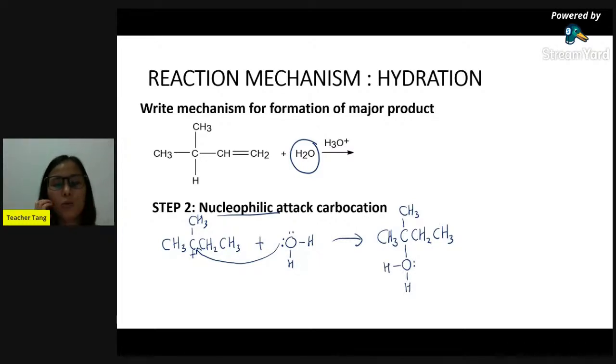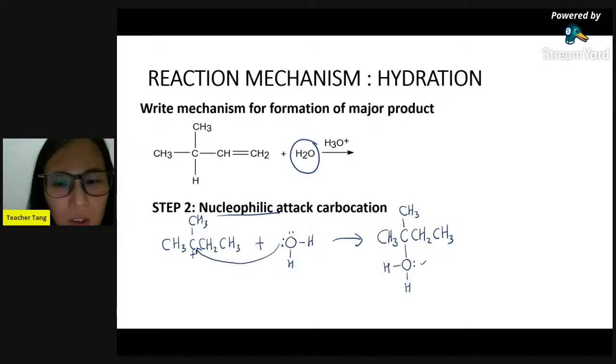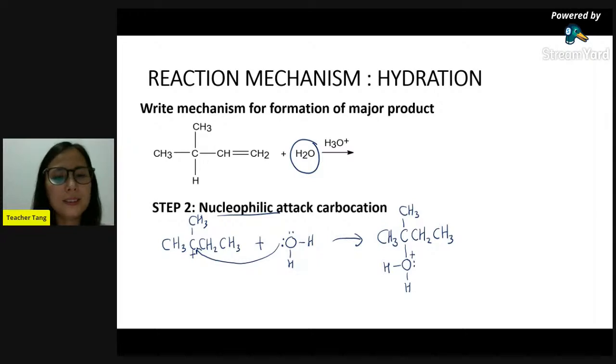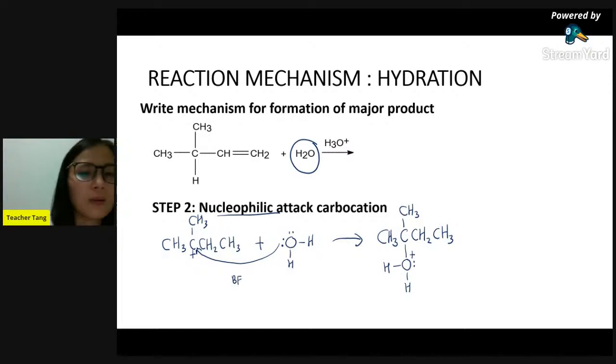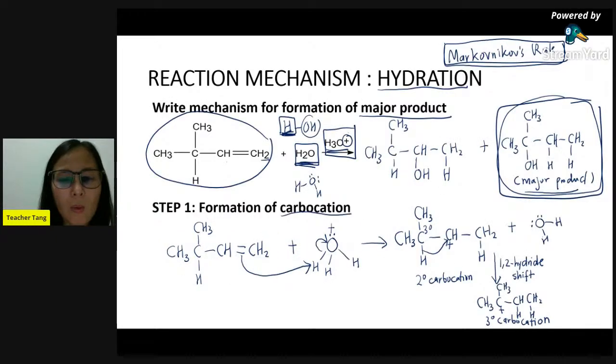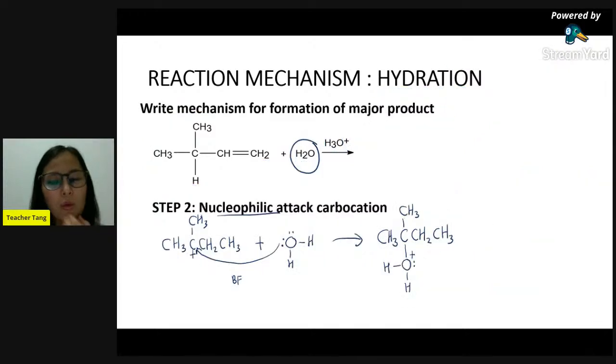Okay, and 2 hydrogen. So now look at this oxygen. 1, 2, 3, 4, 5. So 5 positive charge. Okay, so this is step number 2. So this is bond forming. Okay, remember step number 1 just now, bond breaking and also bond forming. In step number 2, we have bond forming.